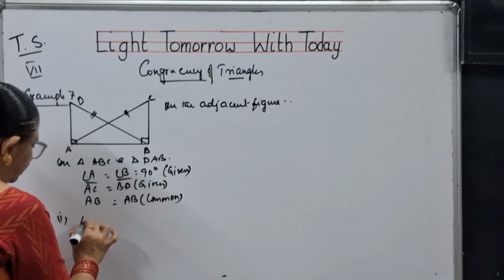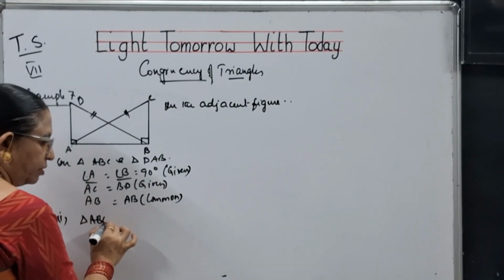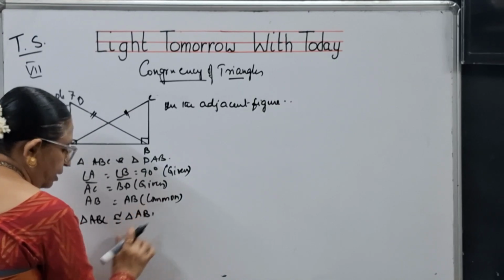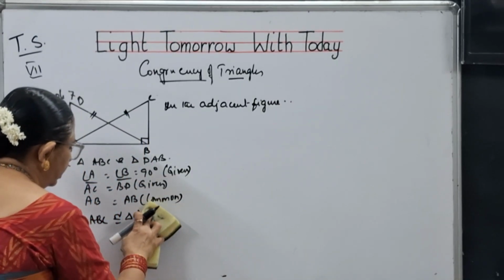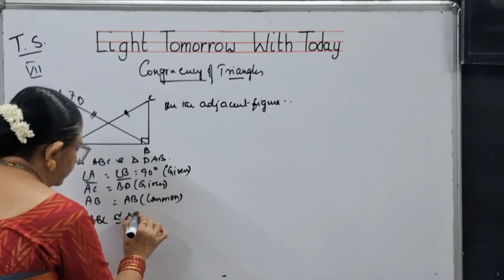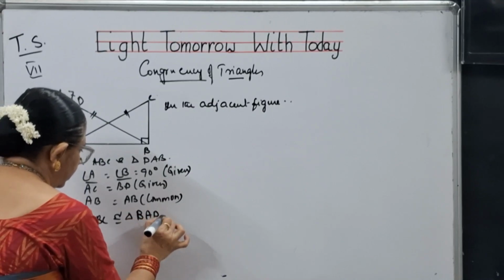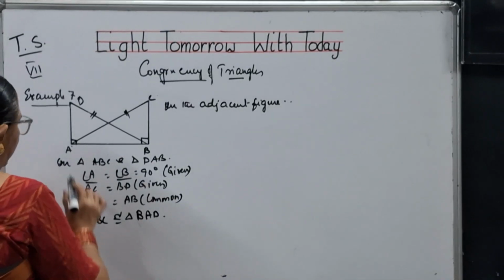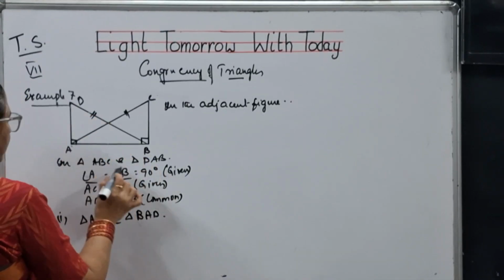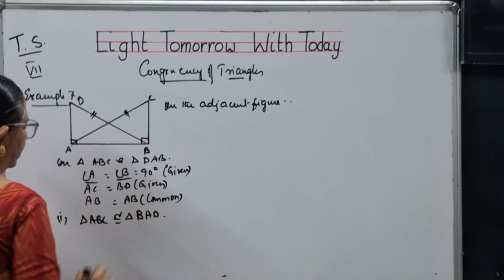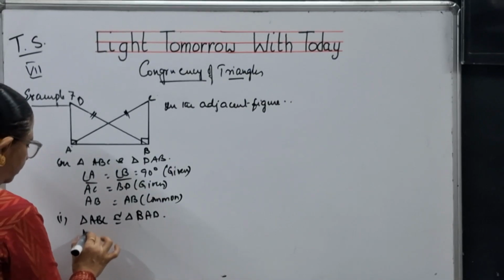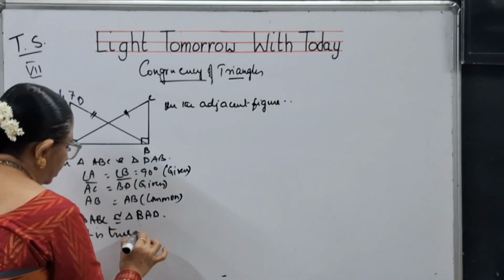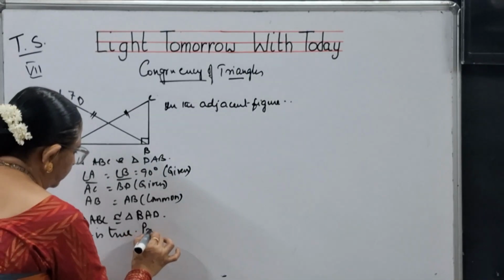The first one, triangle ABC is congruent to triangle BAD. So is it true or not? You have to say. Triangle ABC, triangle BAD, they are congruent. It is true. And what is the property that you are using?